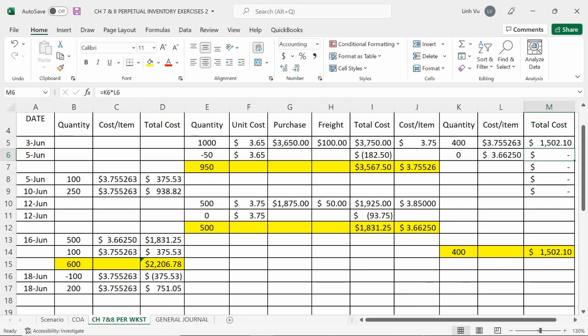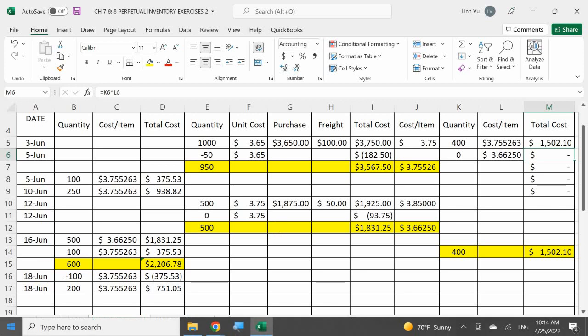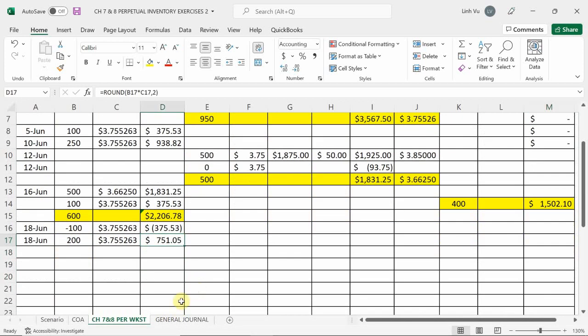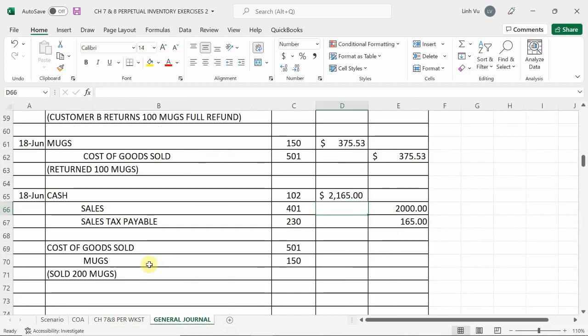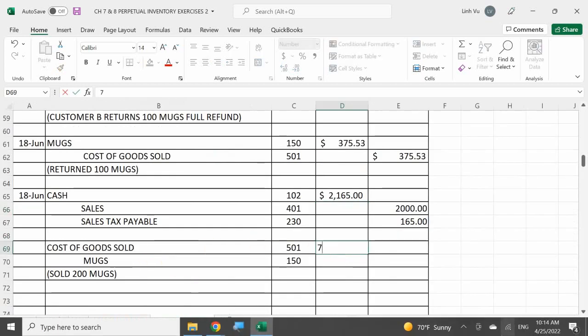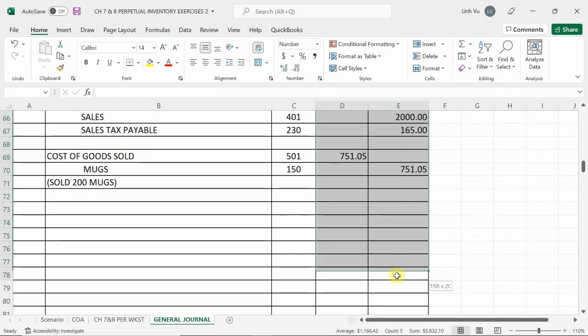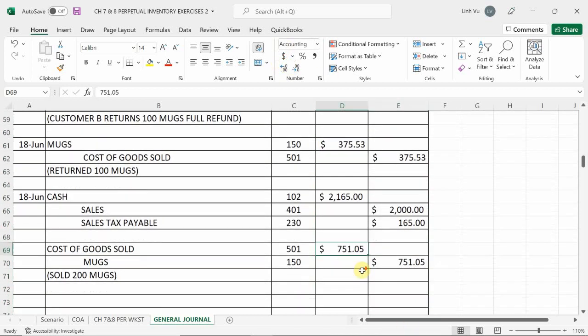So the number we're looking for is this 751.05, because that's how much we sold.